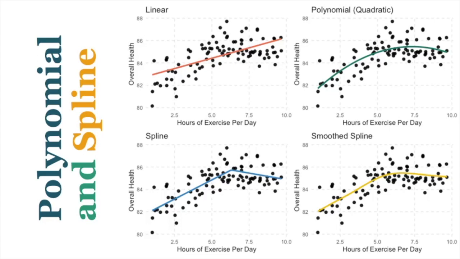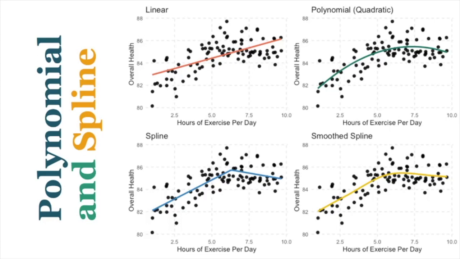quadratic effect. So all of these, except for the linear, would suggest that as you increase the amount of exercise you do, it benefits your health up to a point. And that point is somewhere between 6, 6.5, 7, 7.5, somewhere in there, where if you're beyond that much, if you increase your exercise, it's going to hurt your health.